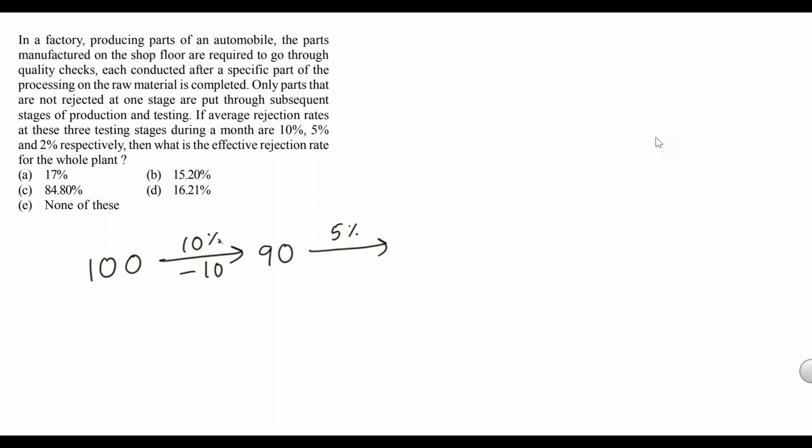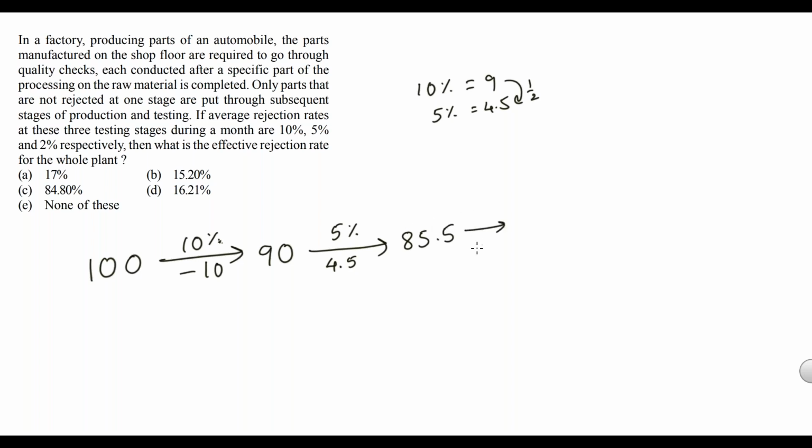What is 10% of 90? 9. 5% should be half of that. If 10% is 9, 5% should be half of that. So half of 9 is 4.5. Means in the second stage, they are rejecting 4.5. Right? Now 90 minus 4.5, the remaining value is 85.5.